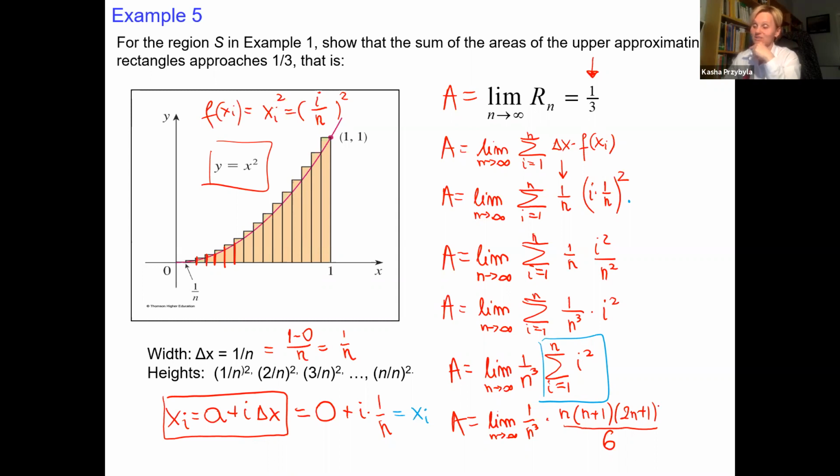Now when I distribute everything, because we have to compute a limit, on the top I will have 2n cubed as a leading term, and 6n cubed in the denominator. n cubed, the same degree, 2 over 6, of course, is 1/3. Yeah, that's what we did.